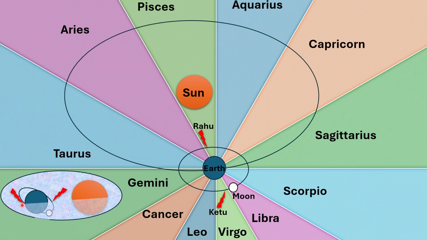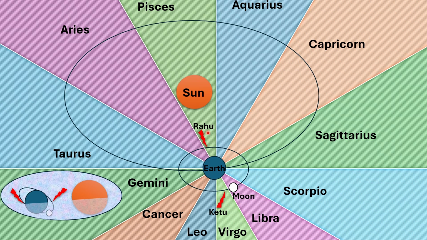Now in mythology, because Vedic astrologers had to learn all this information, when Moon is passing through these two points, when it passes above Rahu, in the same plane, then from Earth, Sun becomes invisible because it's behind Moon, it's covered by Moon.